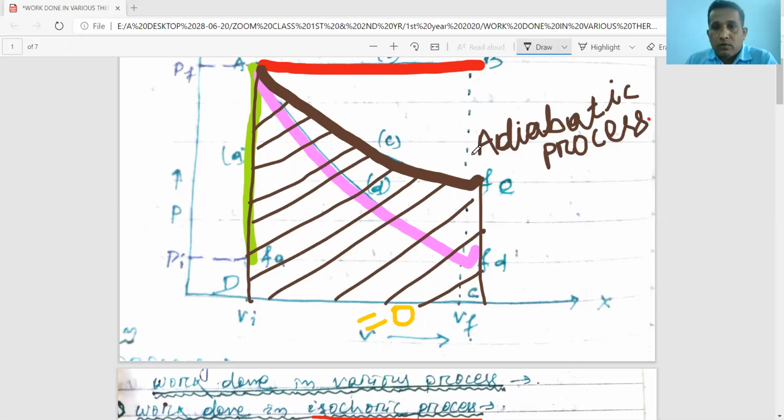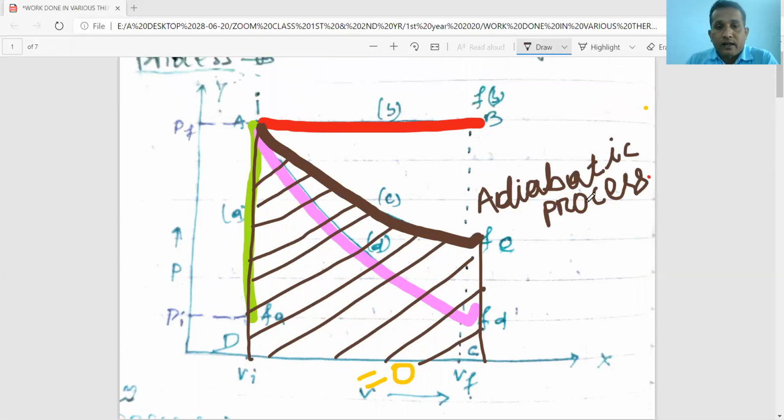So as we can see clearly from the PV diagram, maximum work is done under isobaric process and minimum work is done in case of isochoric process, which is the minimum area or zero area under this green line, and maximum area under the red line.